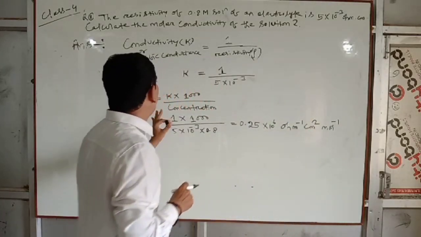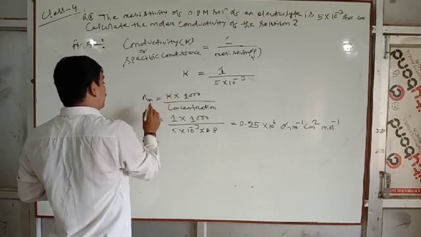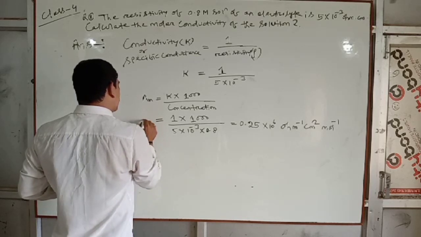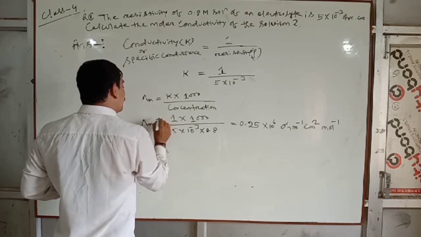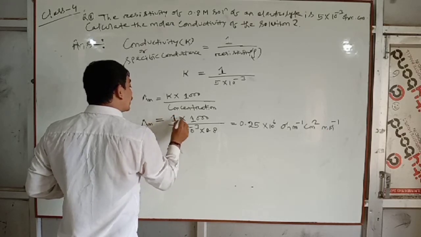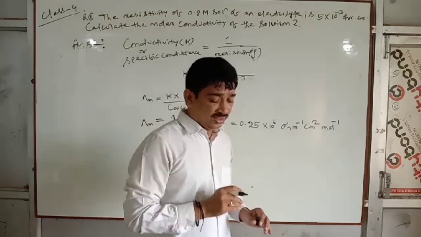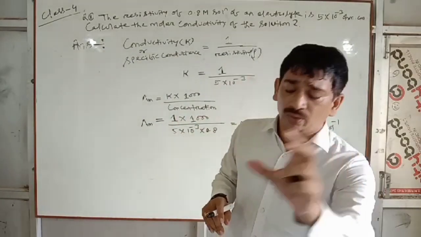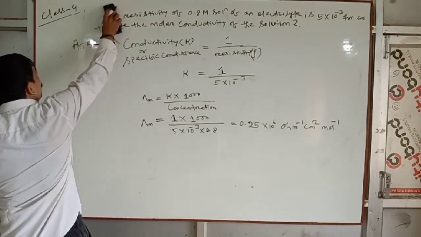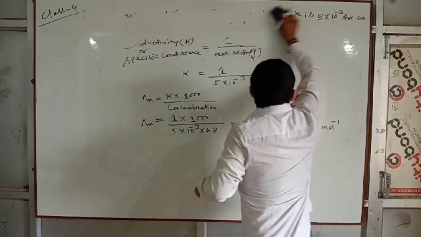So this is lambda m. What is lambda m? Lambda m is molar conductance. Is that clear? So this is the first question. Next, question number 2. We will solve problems based upon this in this class.